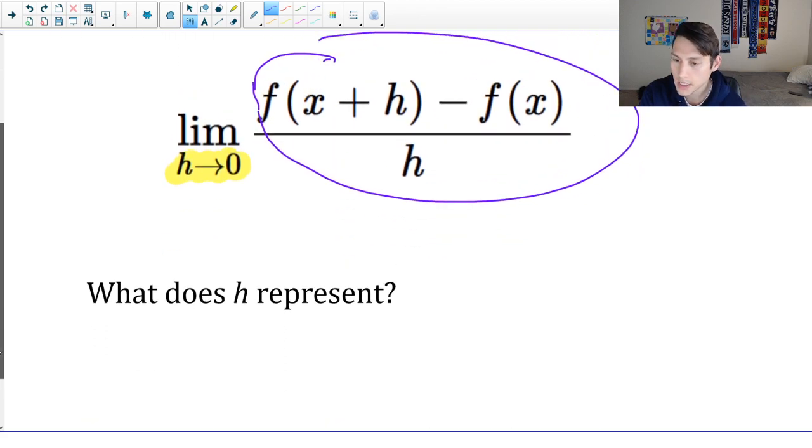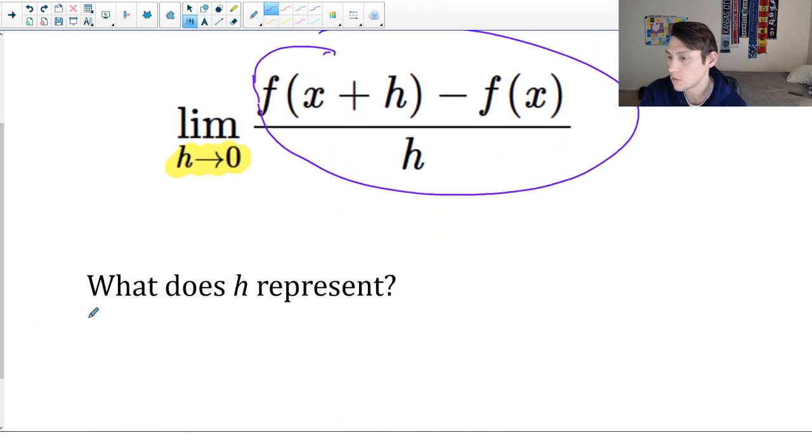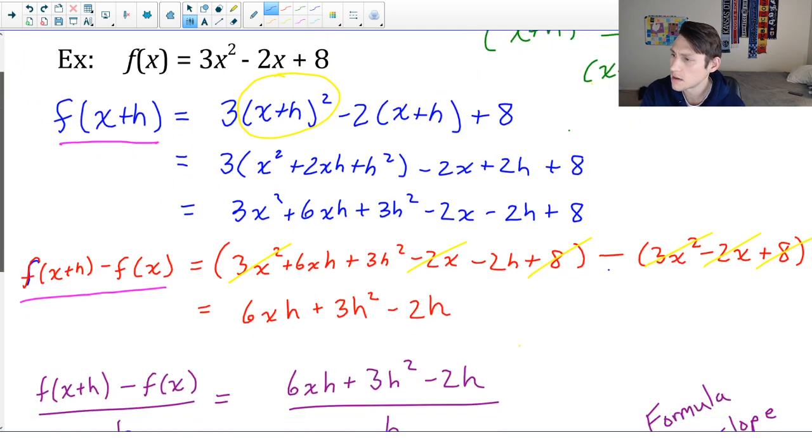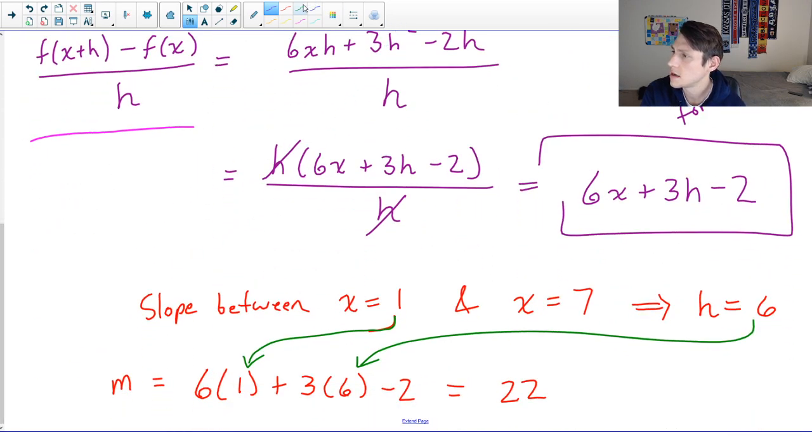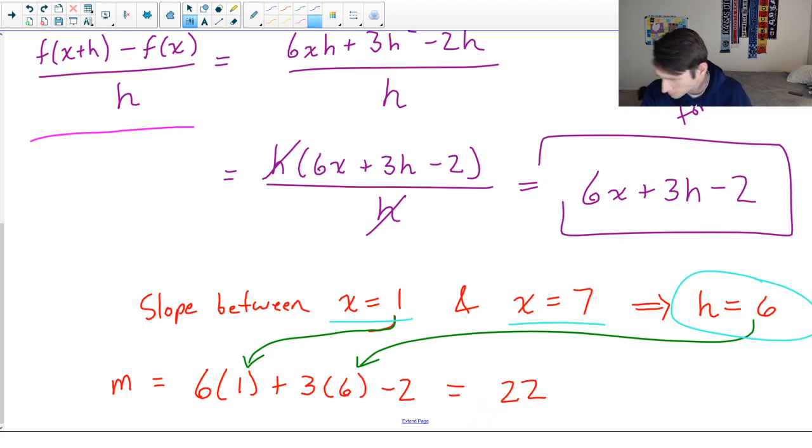Okay, so a couple key questions. What does h represent? What is h? If we look back at our problem here, we had, find the slope between x equals 1 and x equals 7, so we figured out h is 6. Well, h just represents the space between the 2 points, right?